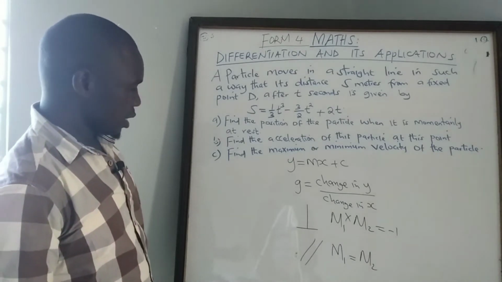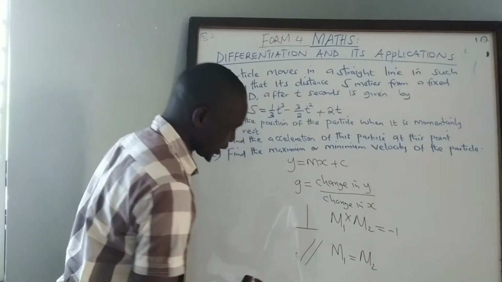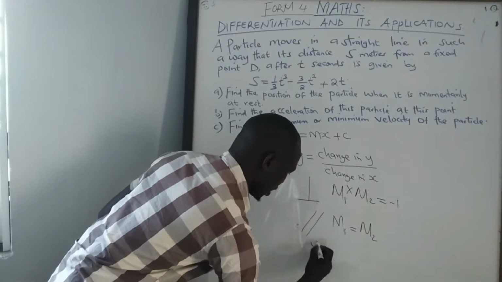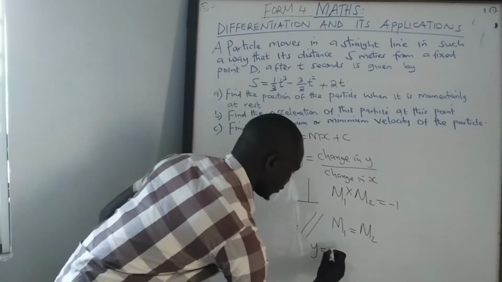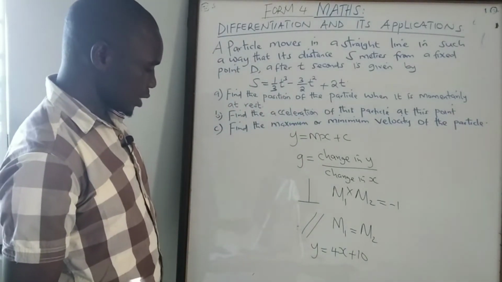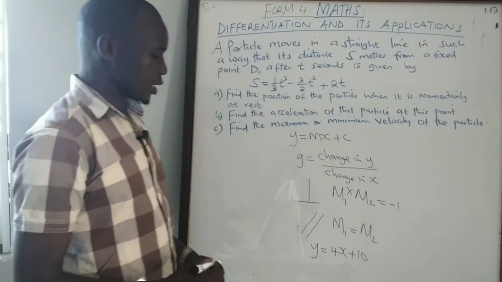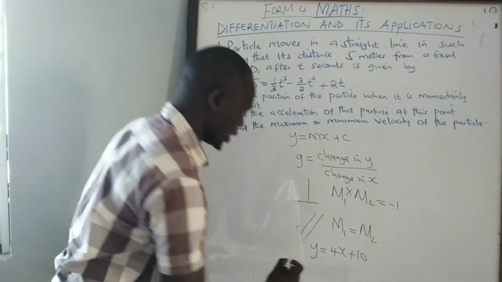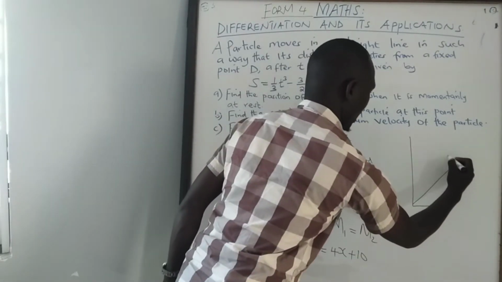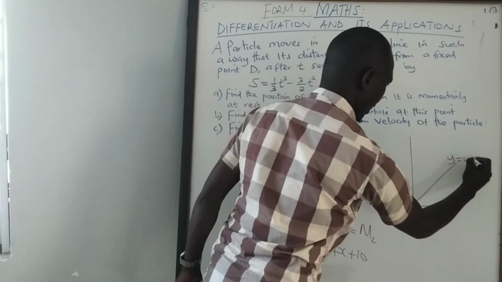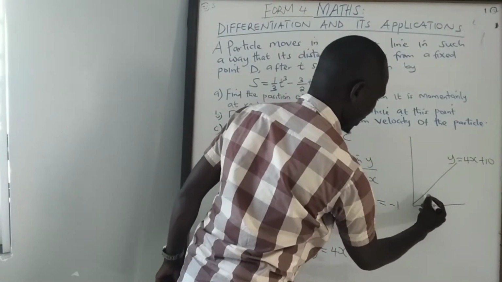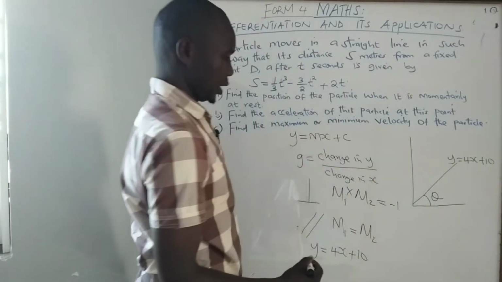The last thing we did under this topic is that if you are given an equation, for example y = 4x + 10, and you are told to find the angle this line makes with the x-axis, assume we sketch the line, and that angle is theta.